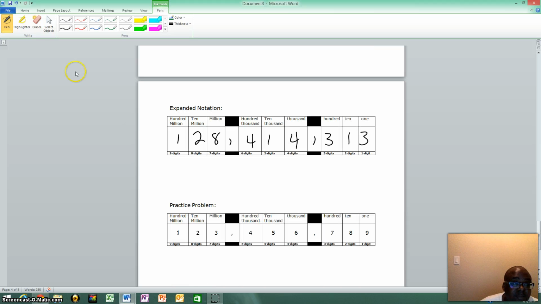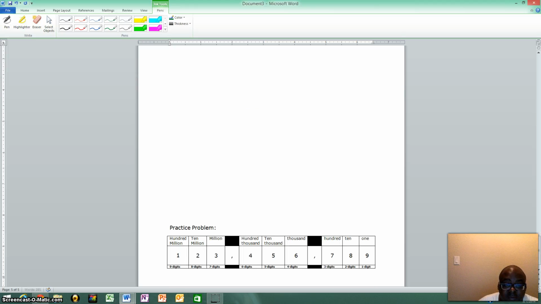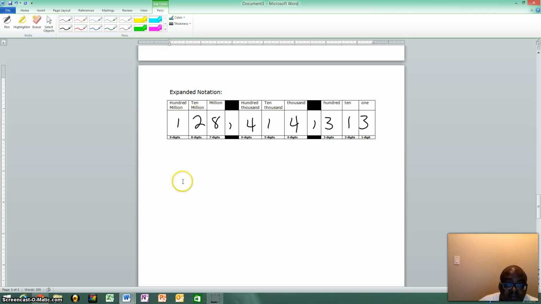Now, so let's look at expanded notation. Let me make some space here, because this is a big number. So remember, in expanded notation, we have 1 million, right? 100 million. Well, how many 100 millions do we have?